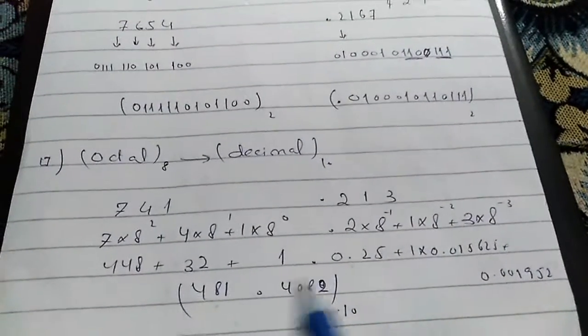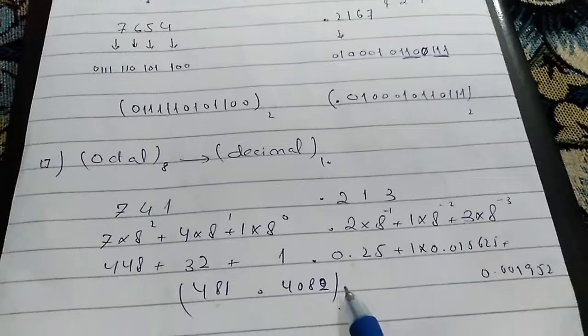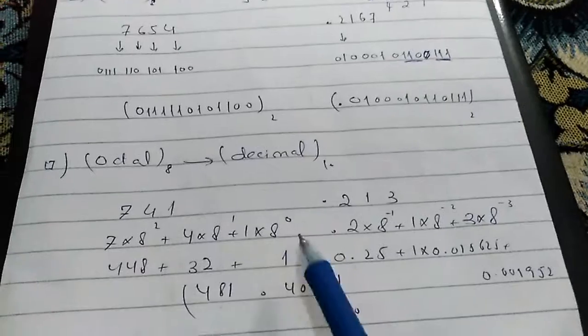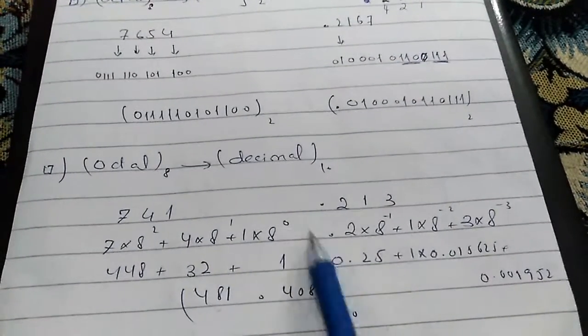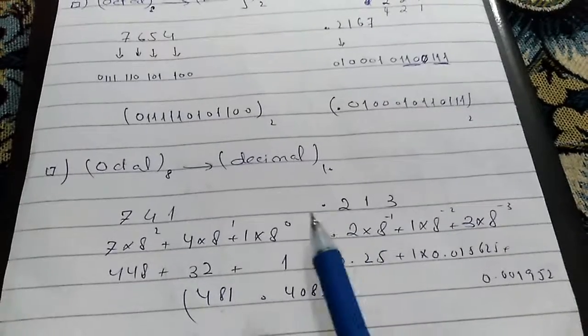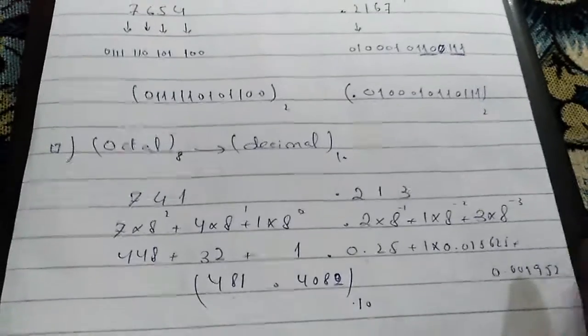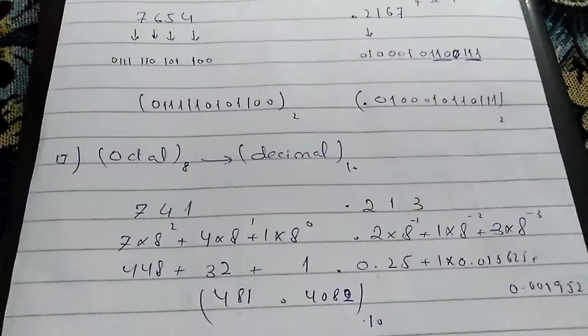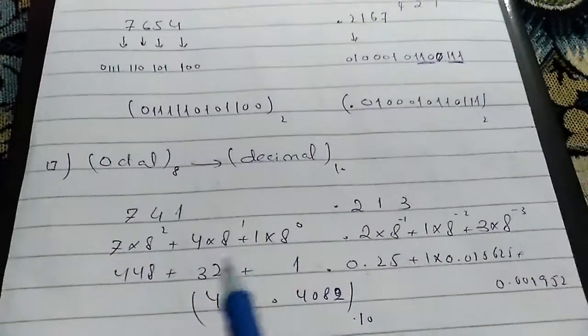After simplifying, it becomes 481.4082. It is very simply converted, like we studied earlier in the binary to octal conversion. My real purpose is to teach you the basic syntax of conversion, and it's very easy.